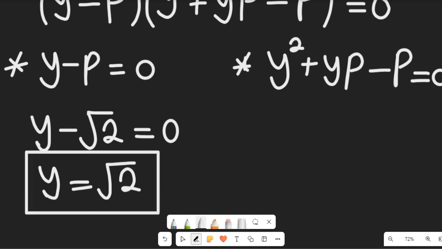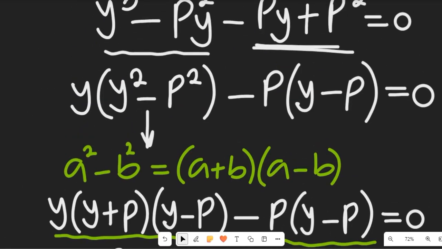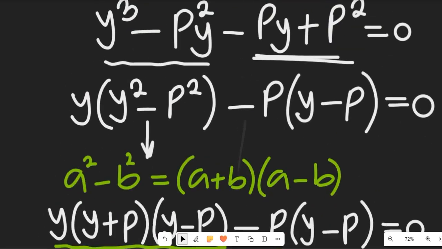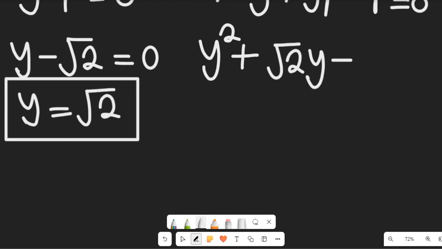So what do we do next? We're going to consider this other expression. From this expression, we'll see that y squared plus, remember our p is going to give us the square root of 2y, minus, remember our p is equal to what? We said our p is equal to square root of 2. So we're going to replace that with the square root of 2, and this will be equal to 0.